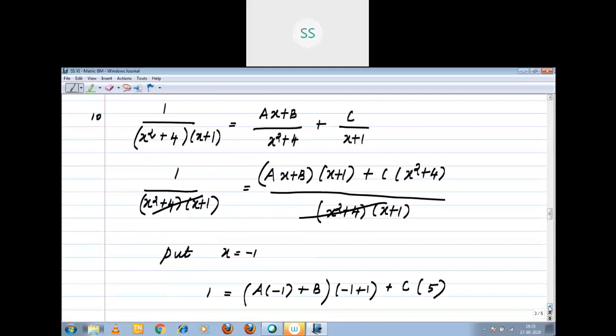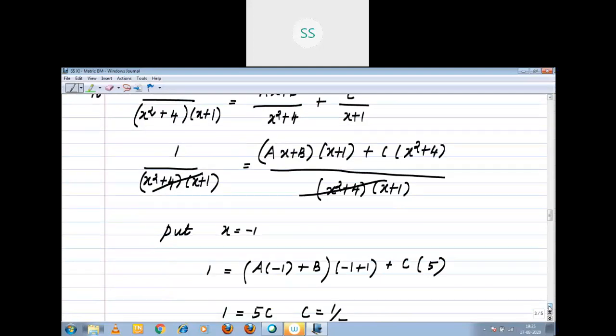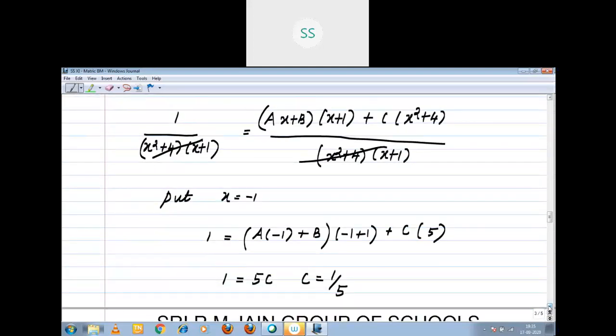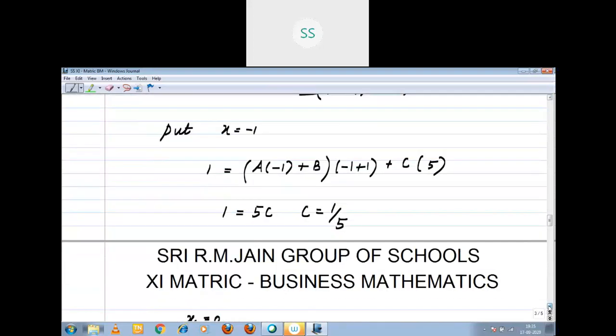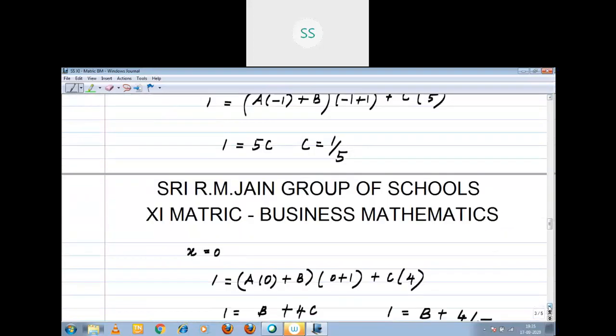Then I took the LCM on the right side. I arrived at (ax + b)(x + 1) + c(x² + 4). I substituted x equal to −1, so a and b vanished, and I arrived at c equal to 1 by 5.